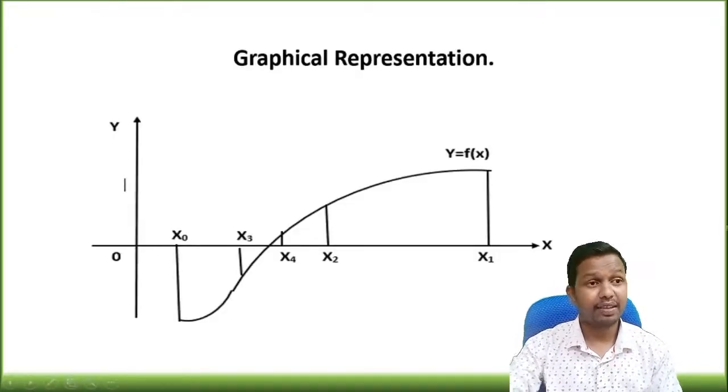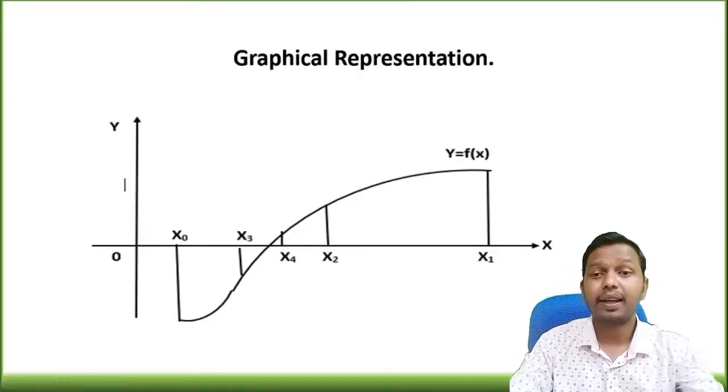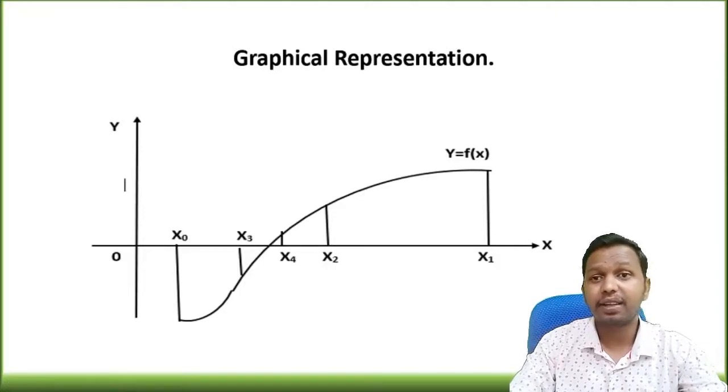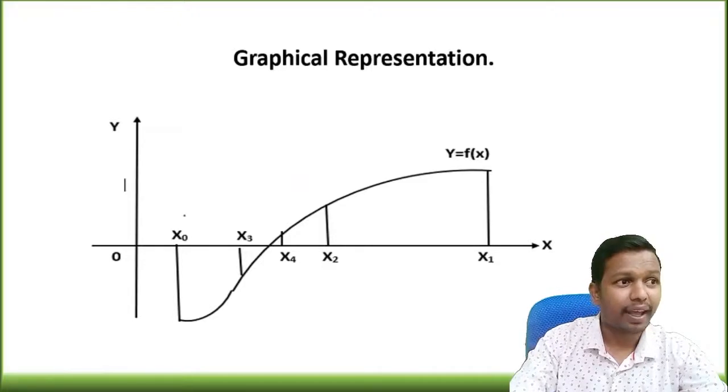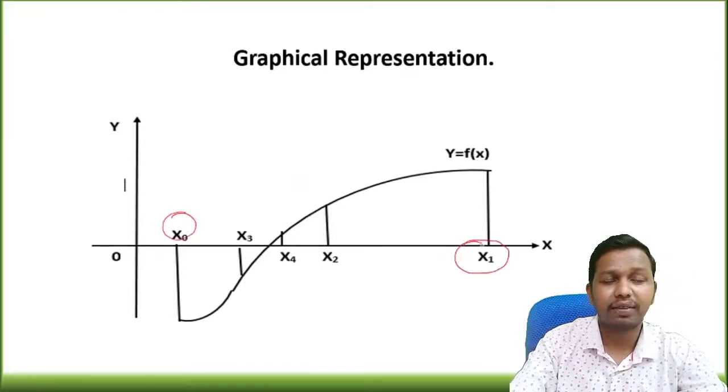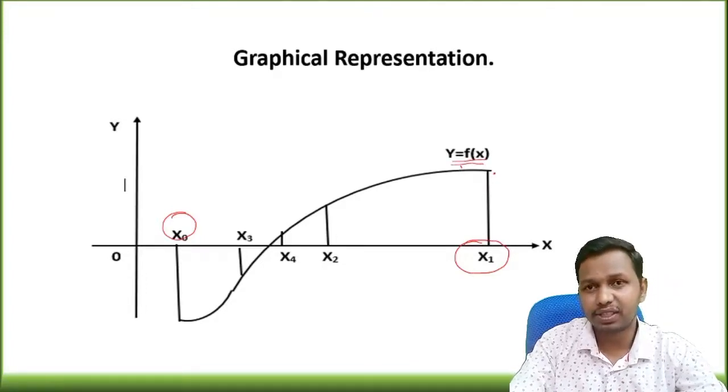When we express bisection method graphically, suppose x0 and x1 are the given interval and y is equal to f of x is the given function.